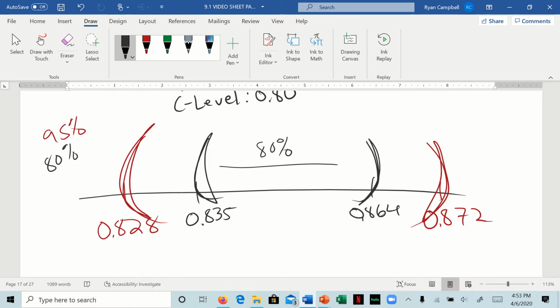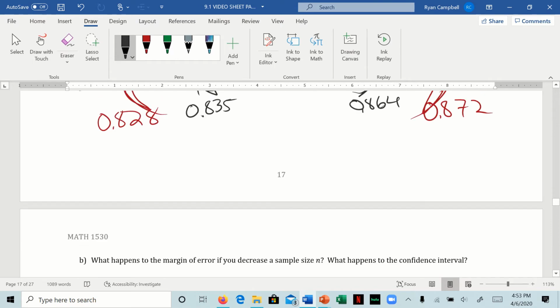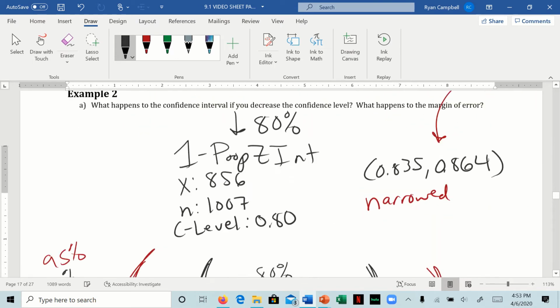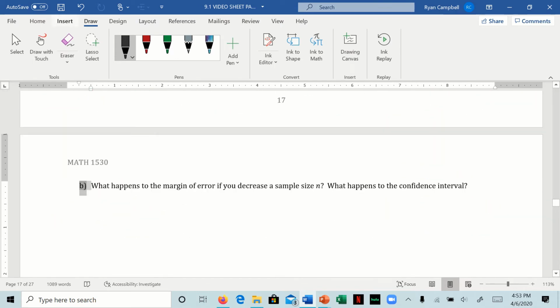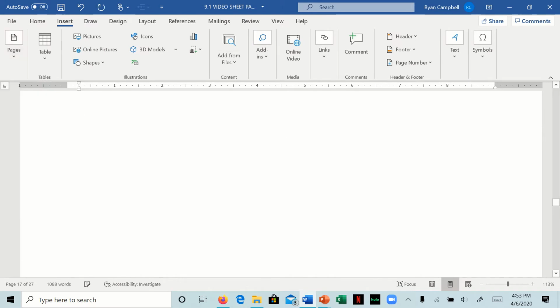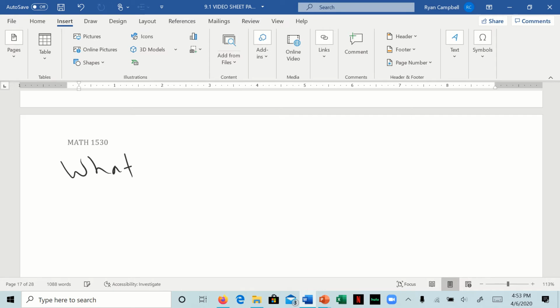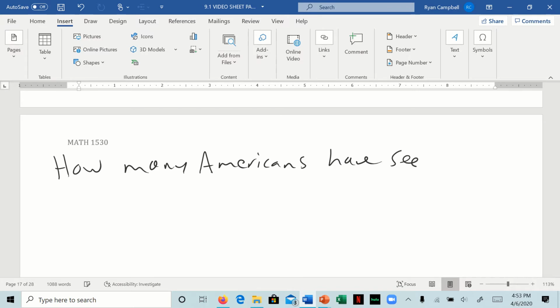Now let's think about that. Why would that be the case? Well, let's talk about a silly example. Let's answer that question from the beginning of the lesson: how many Americans have seen Titanic?